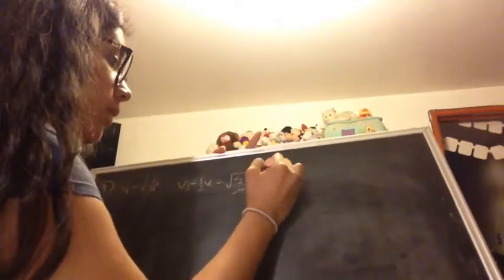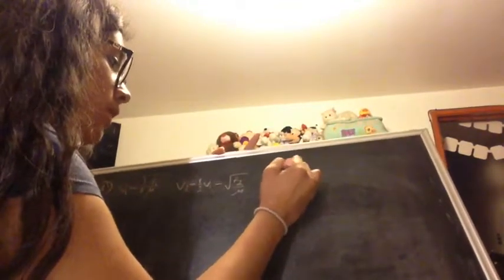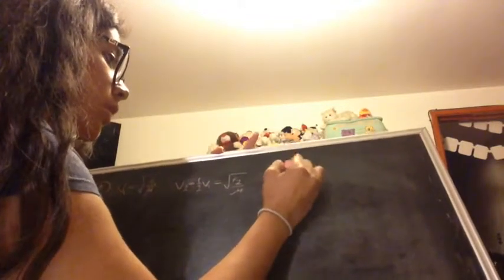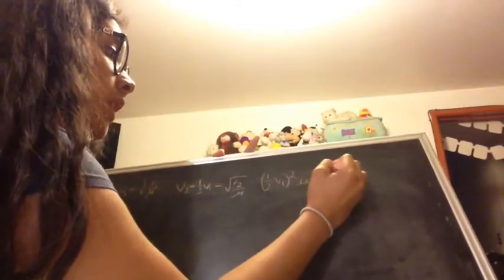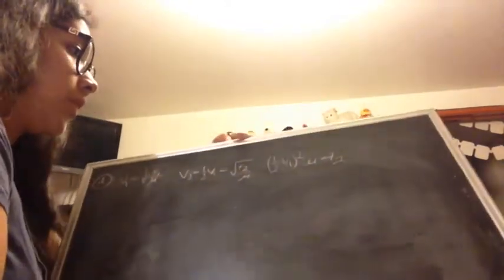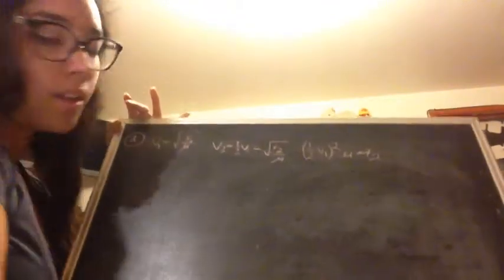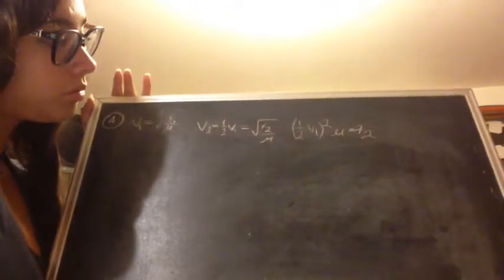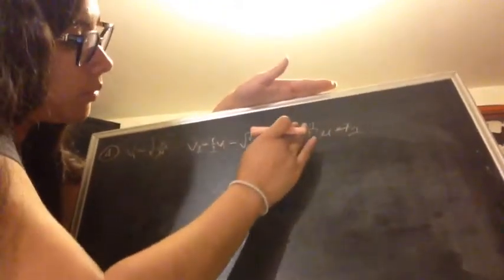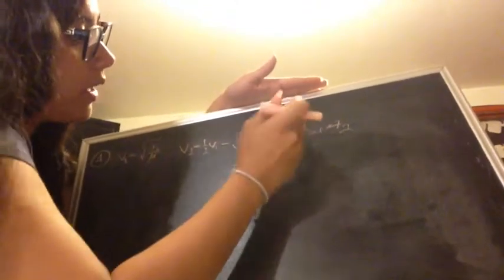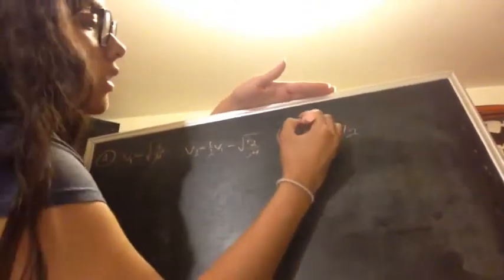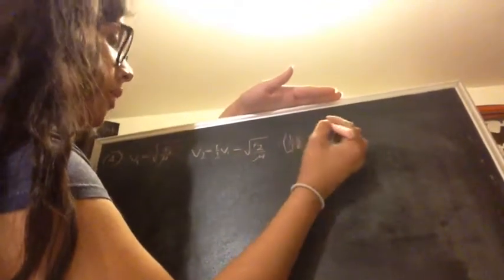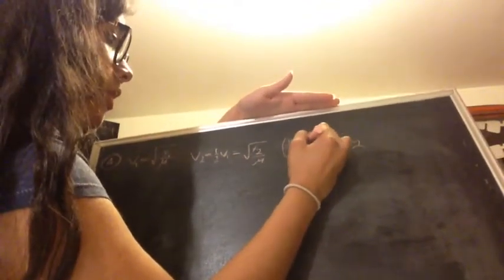So we're going to have that 1/2 of velocity 1 squared times mu equals the second force. But here we have that velocity 1 equals the square root of f1 over mu.